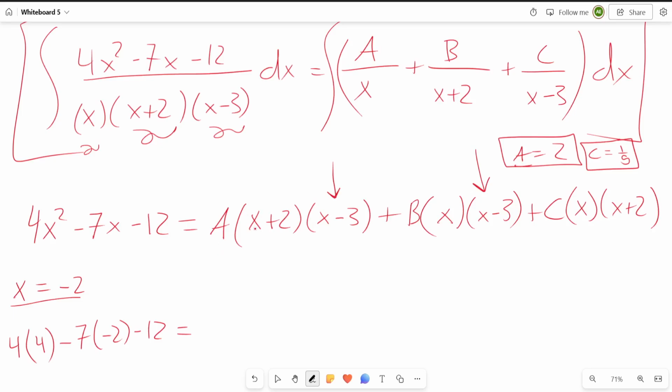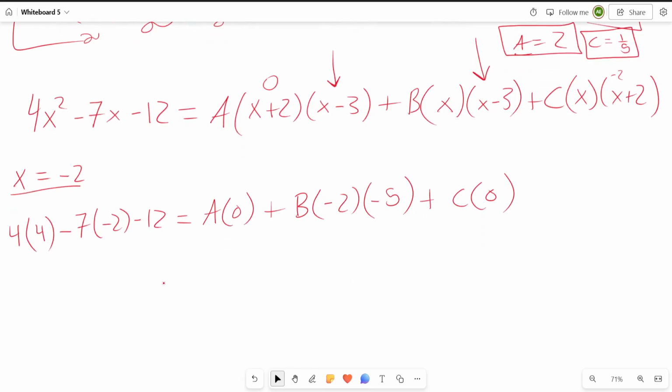equal to minus 2 plus 2, that is going to be a 0 term, so it's going to be a times 0, plus b times minus 2 times minus 2 minus 3, that is minus 5, plus, okay, when I put a minus 2 over here, minus 2 plus 2, that's going to be 0, so it's going to be c times 0. So over here, I will have 16 plus 14 minus 12.